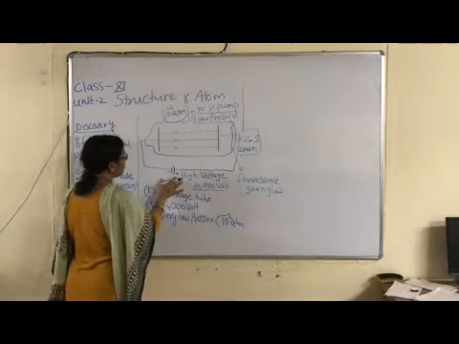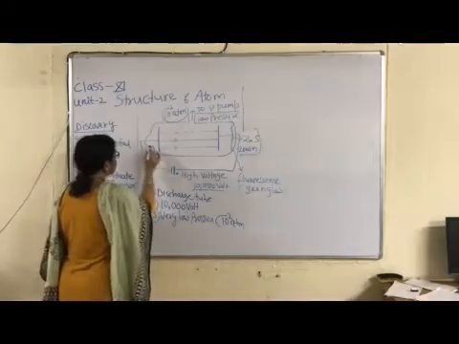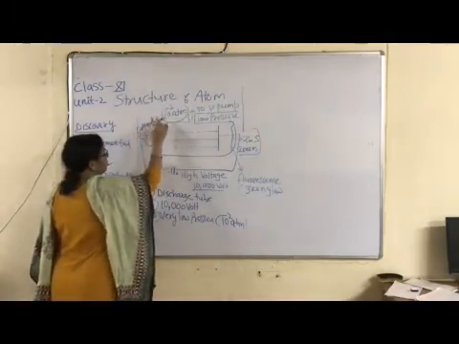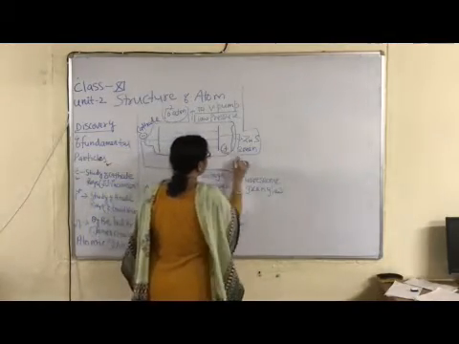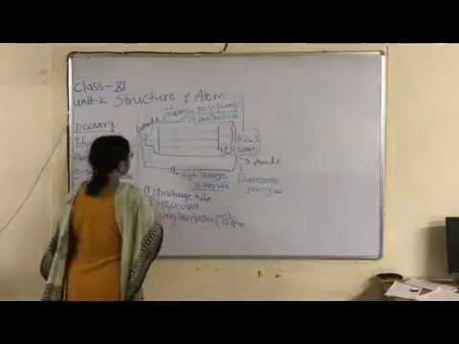Then what happens, children? Some rays travel from the cathode. This is the negatively charged plate, which is the cathode, and this is the positively charged plate, which is the anode. This electrode acts as the anode.